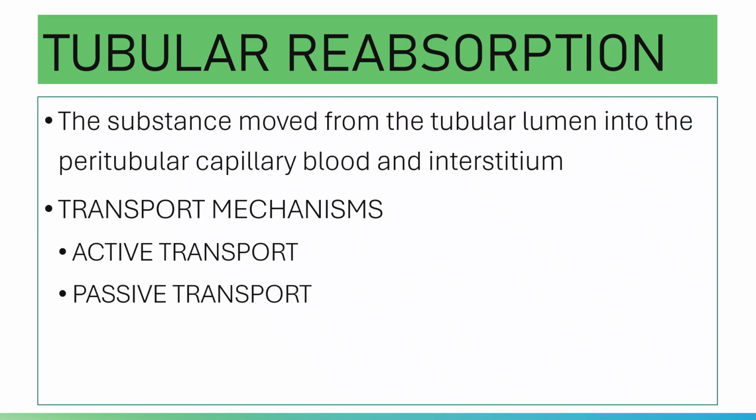You have two transport mechanisms that happen here: active transport and passive transport. Of course, you already know that active transport requires energy. Active transport is the movement of a substance across a membrane against a gradient.